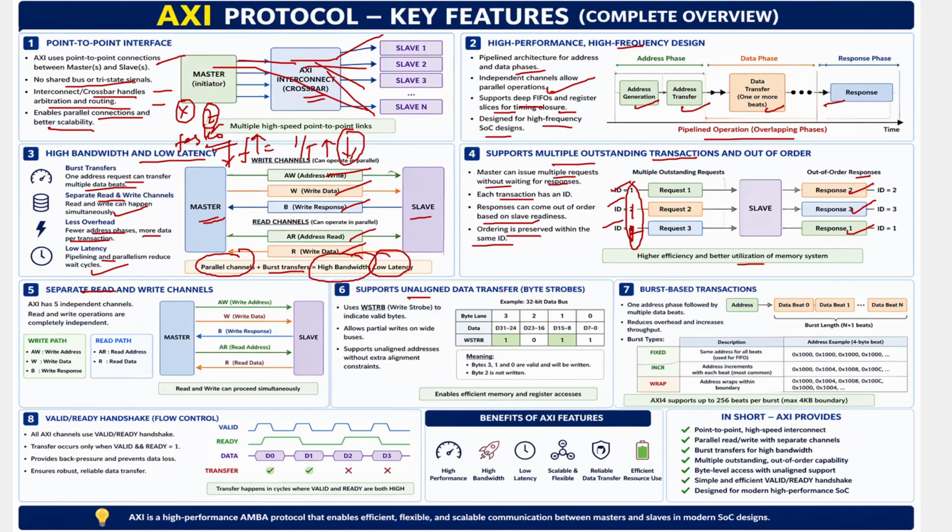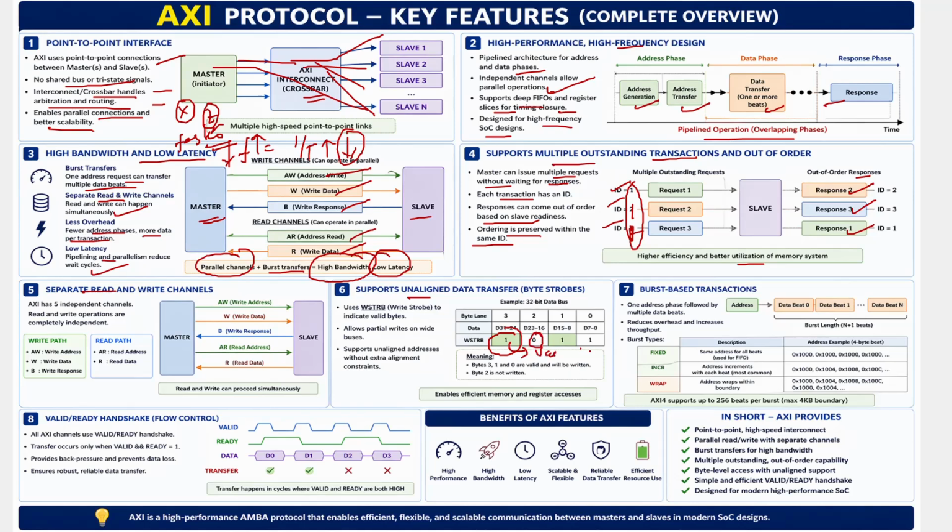Unaligned data transfers: if we are dividing the data with your burst size and burst length, based on that we find the data is aligned or unaligned. The write strobe signal defines which data lanes or which data bytes are valid. 1 indicates valid and 0 indicates invalid.